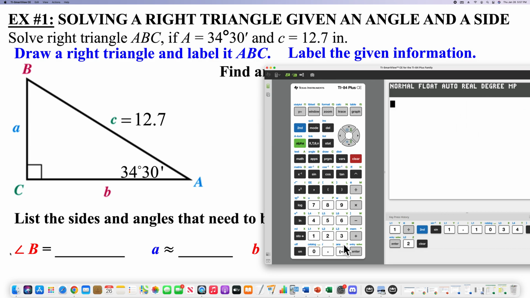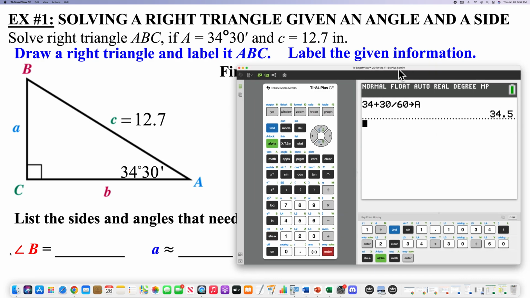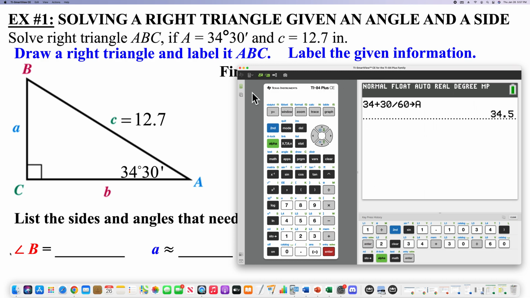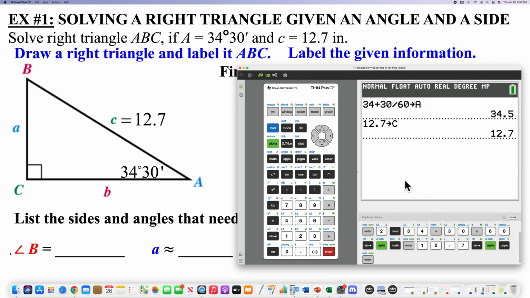So I would go 34 plus 30 divided by 60, store it in alpha A. There's my angle, 34.5. And then that 12.7, store it in alpha C. This is going to make your calculator entries a little bit easier.